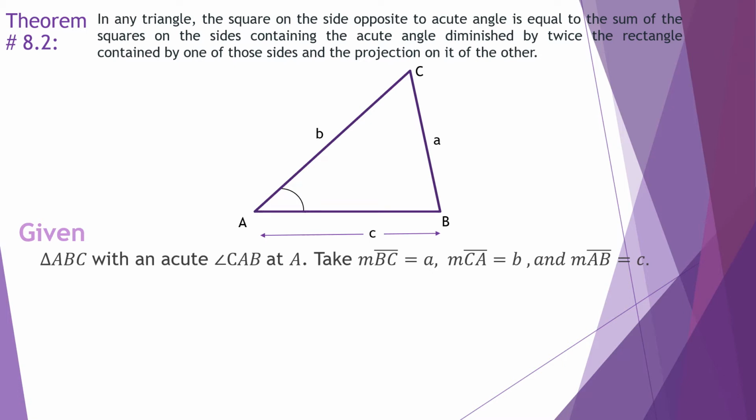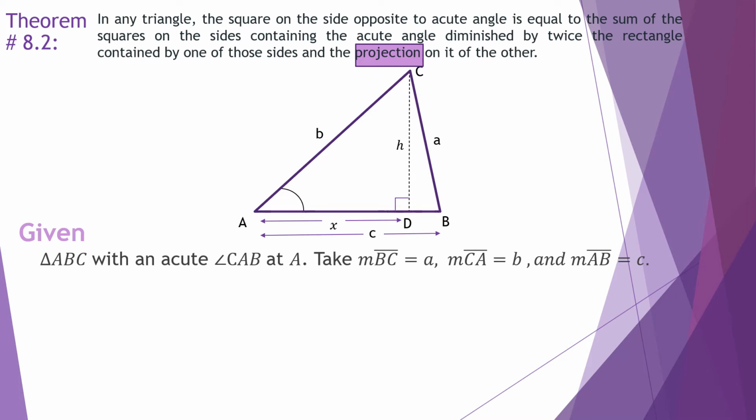This theorem also discusses the projection. As we know, the projection is a shadow of an object. Here we will take the projection of side AC, which will be formed on base AB.